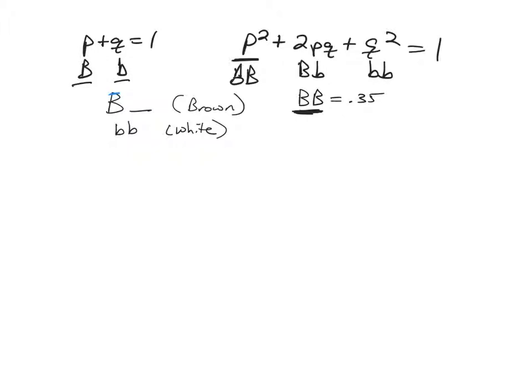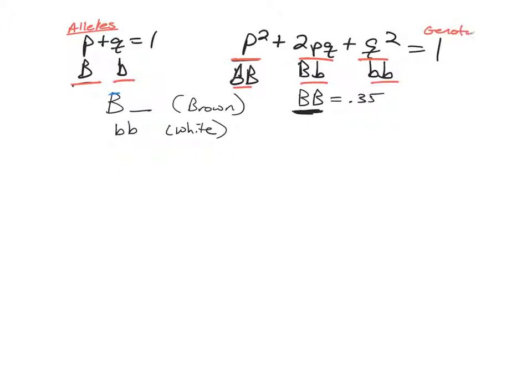Think about it. If you have 3 genotypes, you have to have 3 formulas to find those genotypes. This equation only gives you 2. This is for the alleles, and this is for the genotypes.